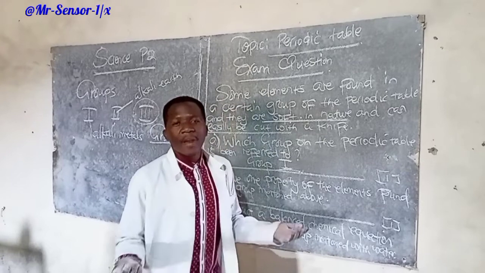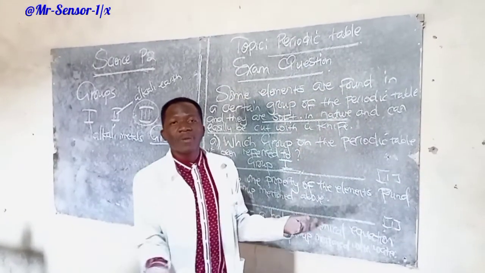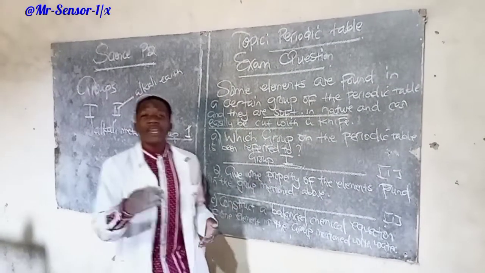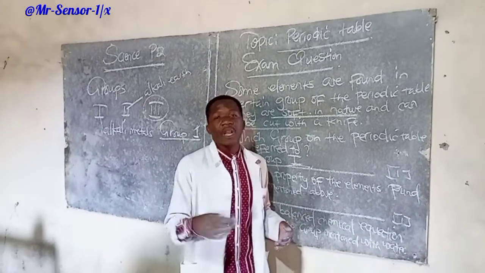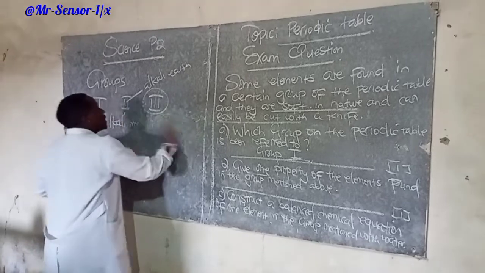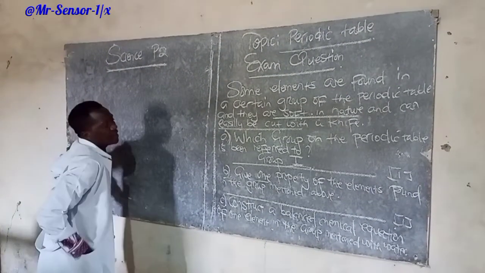They react with water to produce a metal hydroxide and hydrogen gas, and they are the most reactive elements on the periodic table. But the question says, give one property of the elements found in the group mentioned above.